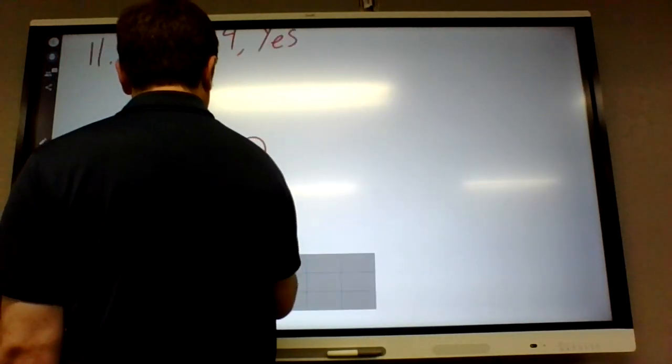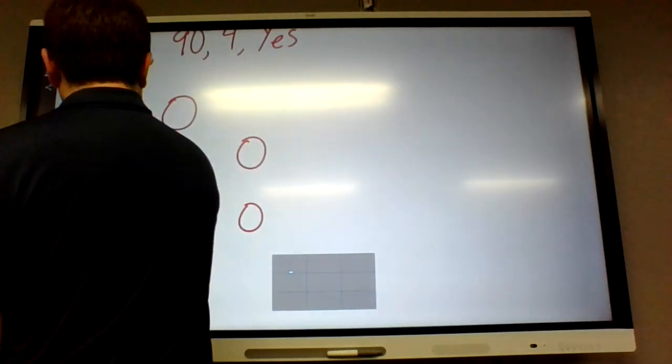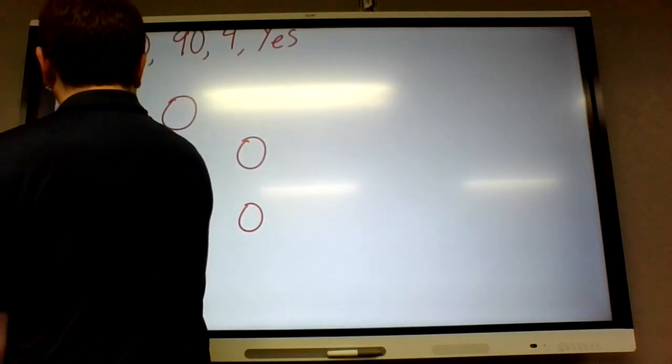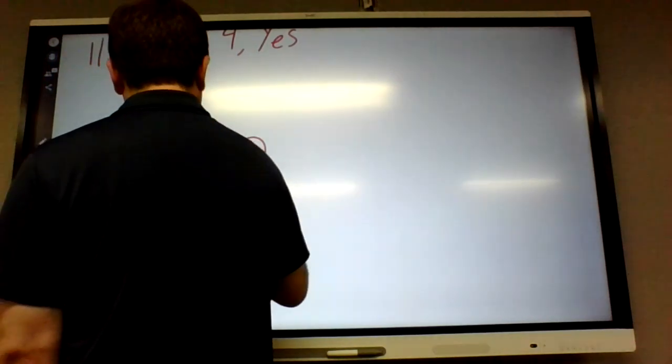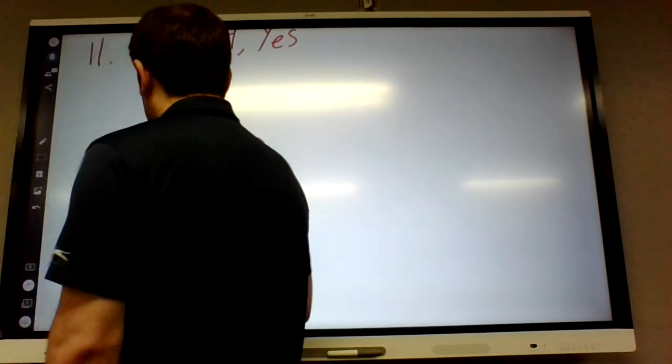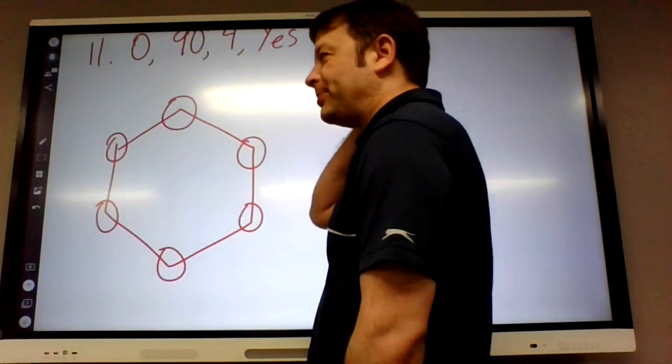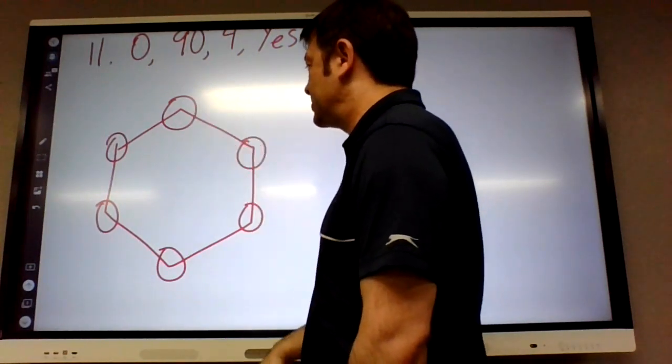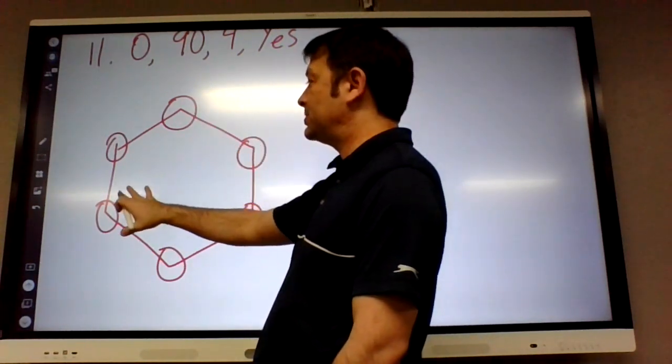There are 6. So basically what shape are we talking about here? A hexagon. All those other circles just float around those. These are the main part of the shape.